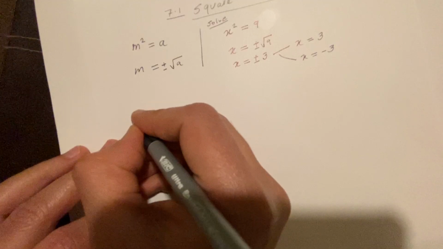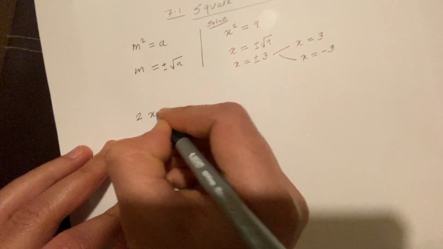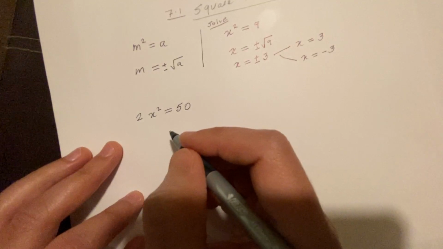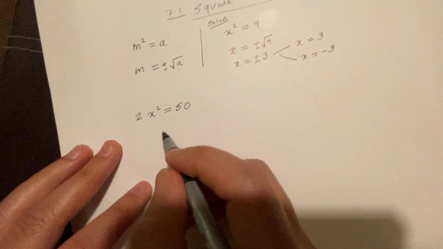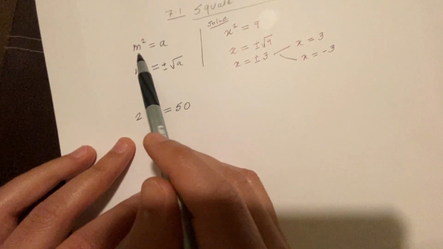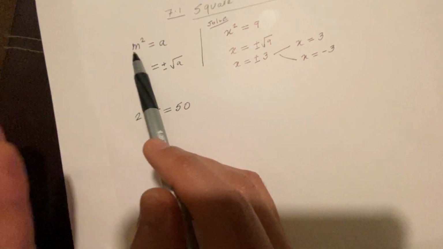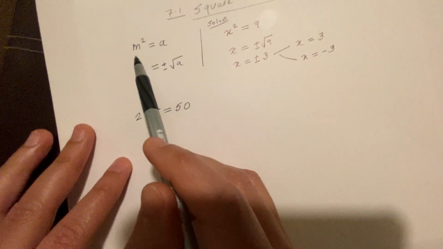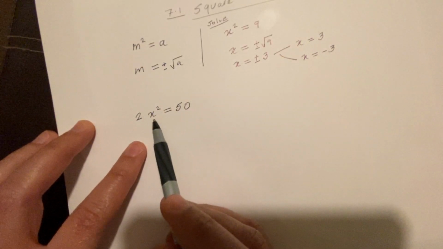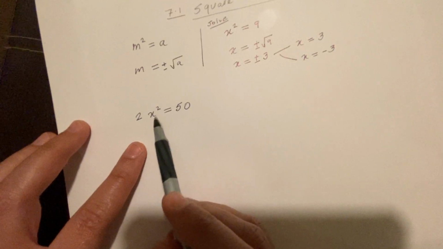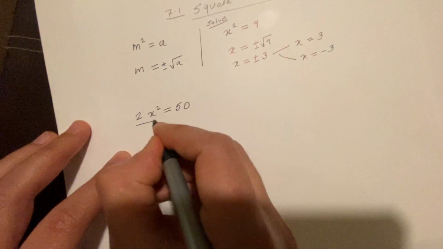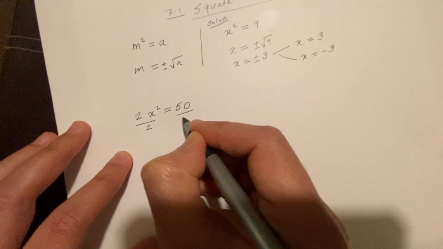Similarly, let's solve 2x squared equals 50. To use this square root property, we just need the square terms on one side and everything else on the other side. So here we have x squared, but still we have this 2, right? So we need to get rid of this 2. That's why I need to divide both sides by 2.